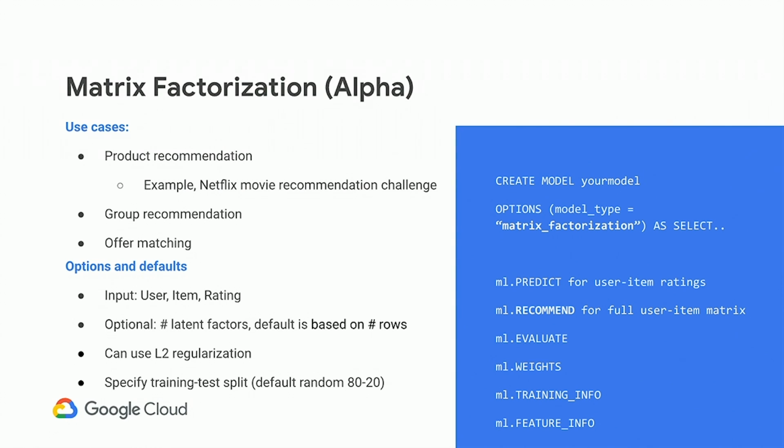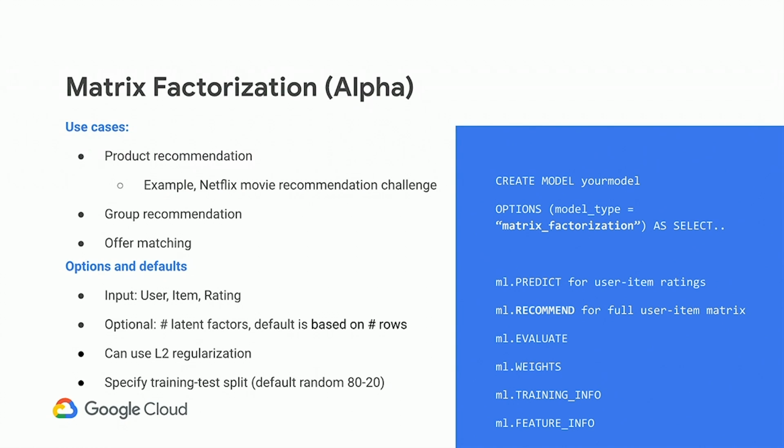Now, there was a challenge that Netflix had a few years back where they challenged people to do movie recommendations. With this simple SQL and some L2 regularization, we pretty quickly got to the same performance as what Netflix got with matrix factorization back then.